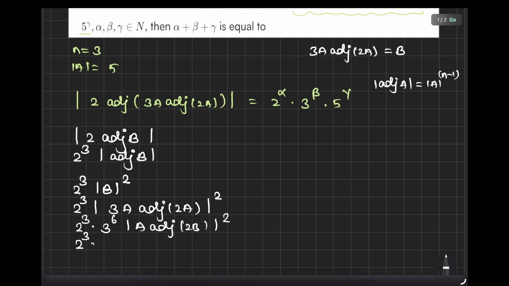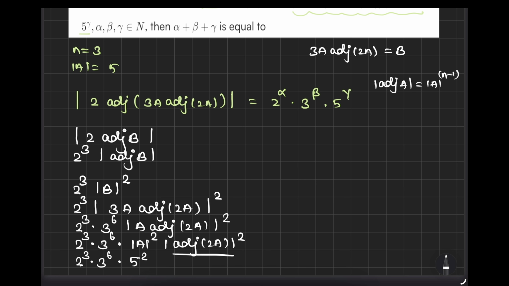So 2 power 3, 3 power 6 and then determinant of A times adjoint of 2A can be written as determinant of A square and determinant of adjoint 2A square. Correct. You know that determinant of A is 5. So we can write down this thing as 5 square. So 2 power 3, 3 power 6 and 5 power 2.